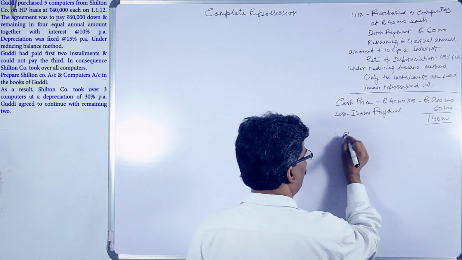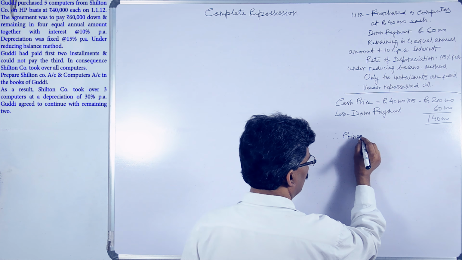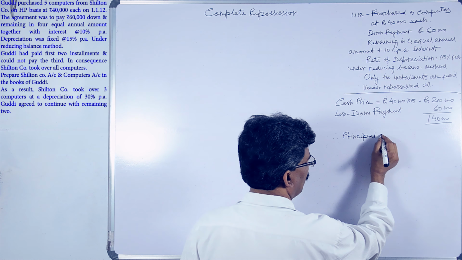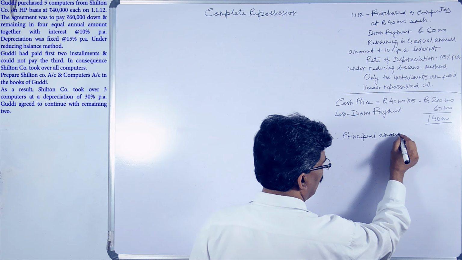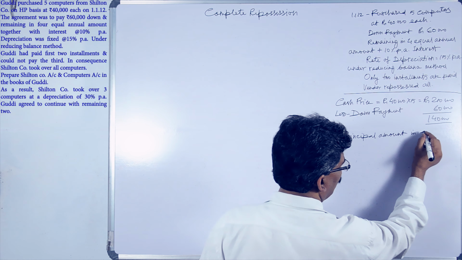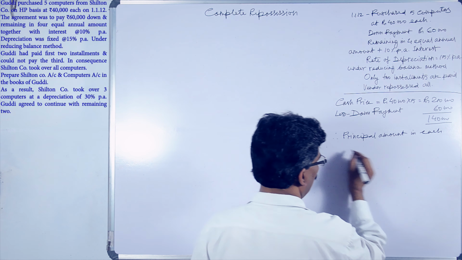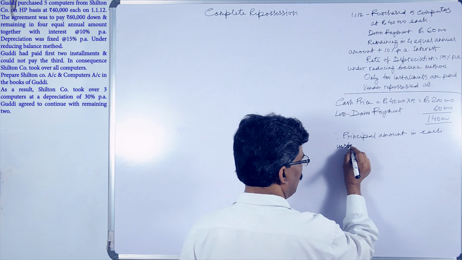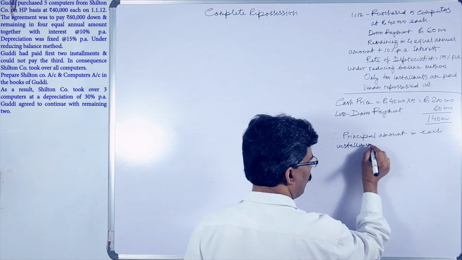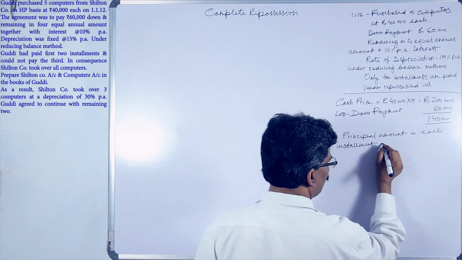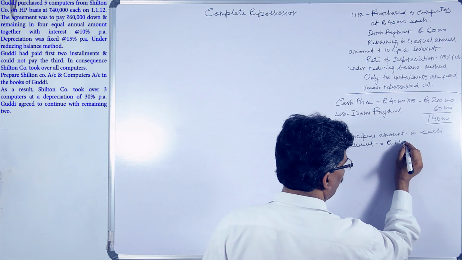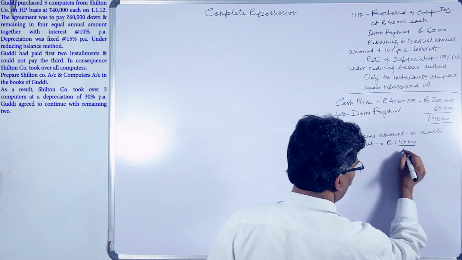Therefore, the principal amount in each installment equals rupees 1,40,000 divided by 4.